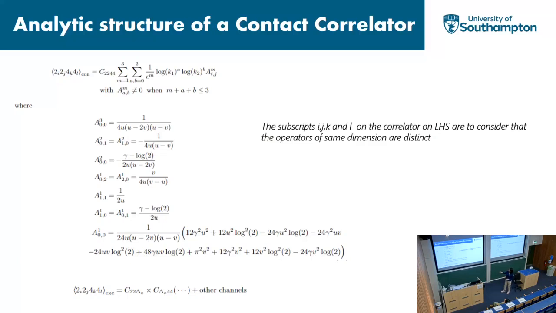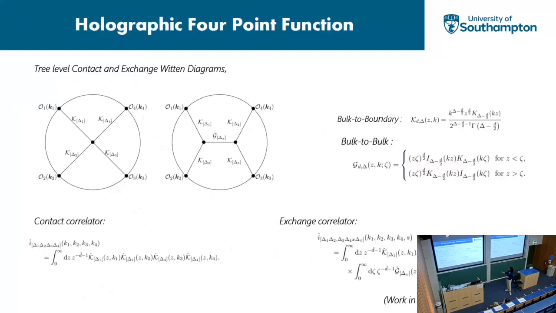Now this 4-point correlator has this C2244, this 4-point coupling. Similarly, we also compute the exchange correlator terms. I have not written them down because they are very complicated and there are many pieces to it. But one thing to keep in mind is that these exchange correlators will contain products of the 3-point couplings that basically arise from these vertices.